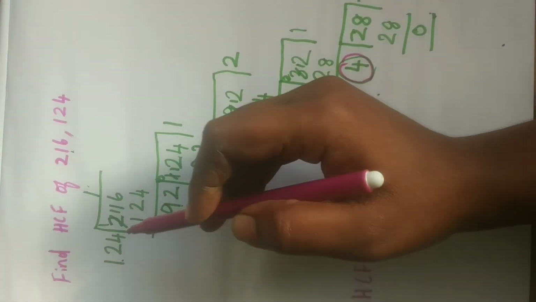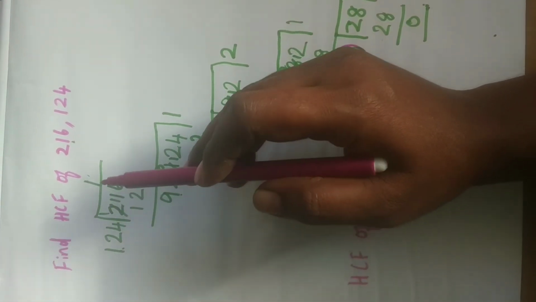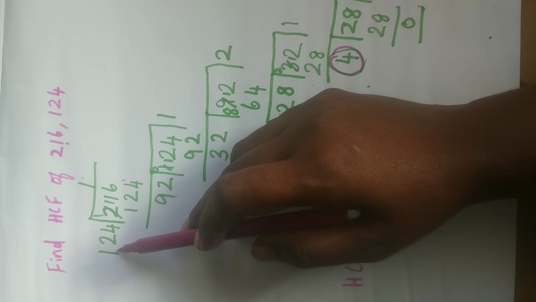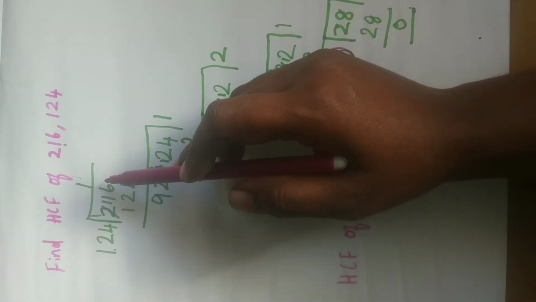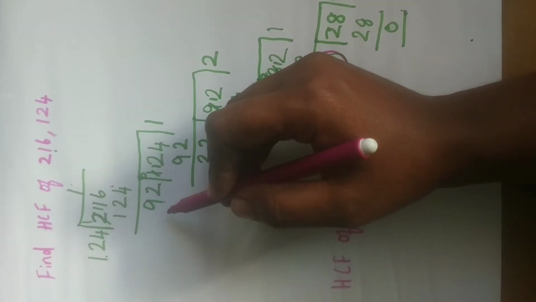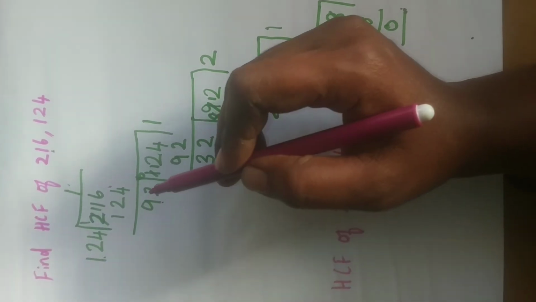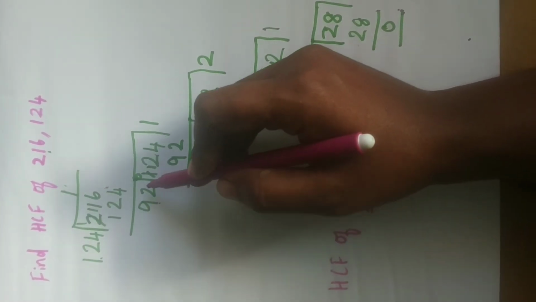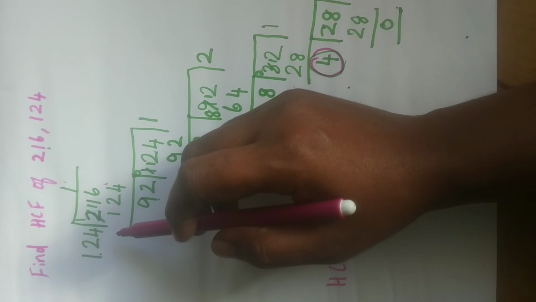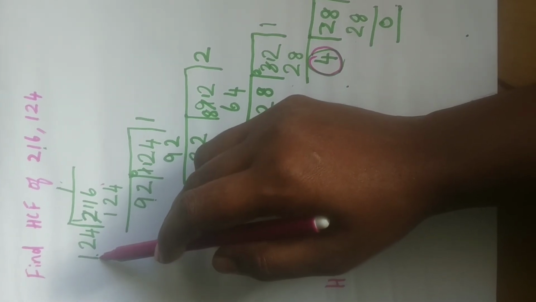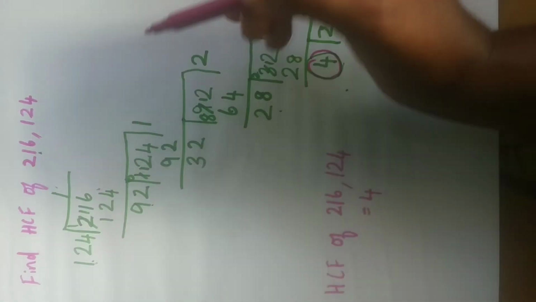See children, you have to divide the biggest number by the smallest number. Write the remainder, and the remainder becomes the next divisor. The old divisor becomes the dividend.